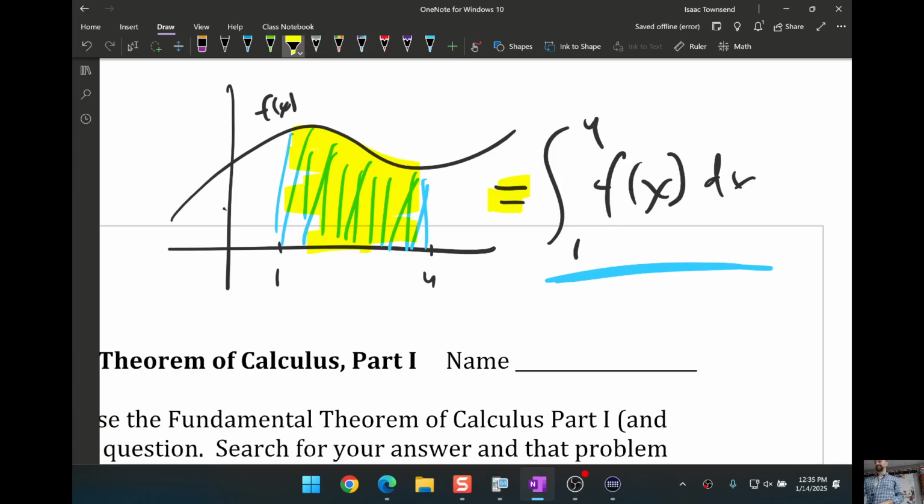H of negative 2. 11 is negative 1. Wait, no, 12. All I know is he wrote negative 1 minus. It's not the same. You find the area under the curve from the same value.